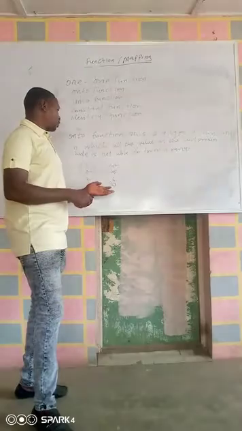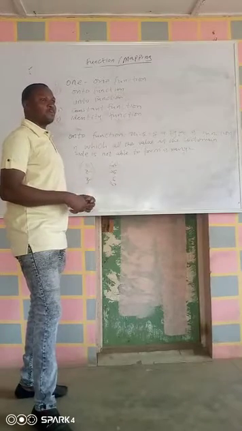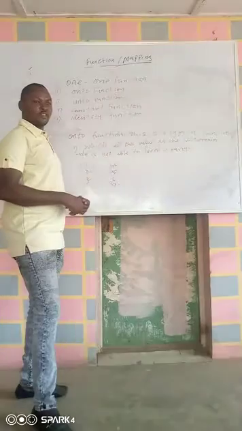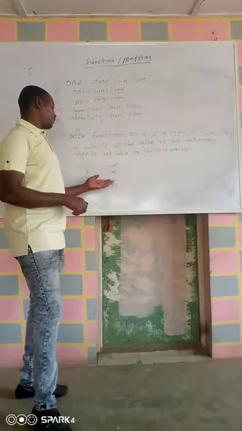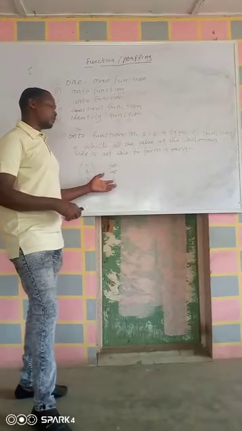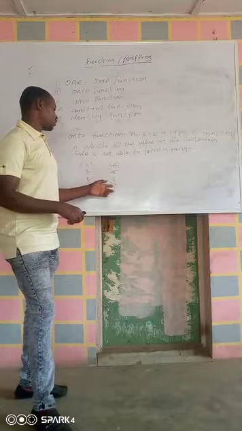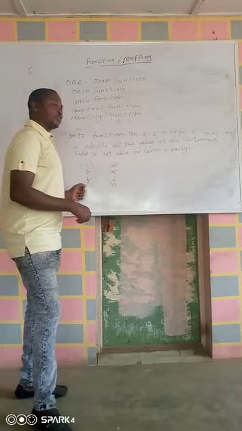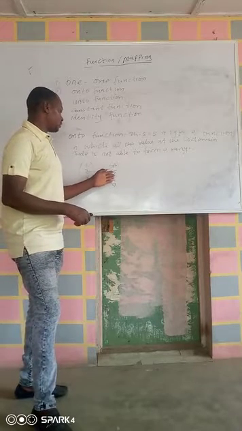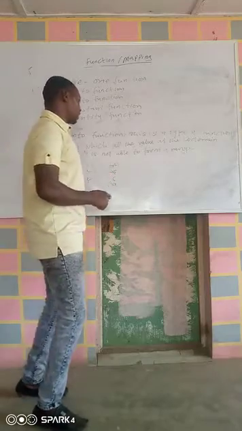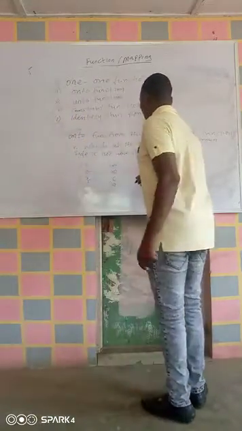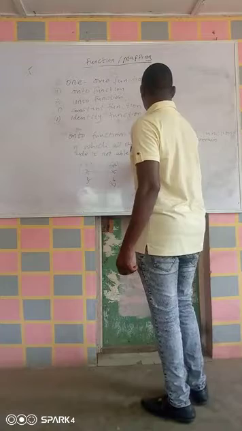So the number in the codomain is higher than the number in the range. Not all the numbers on the codomain side are able to pair with the domain. So we can also take it as a type of function.